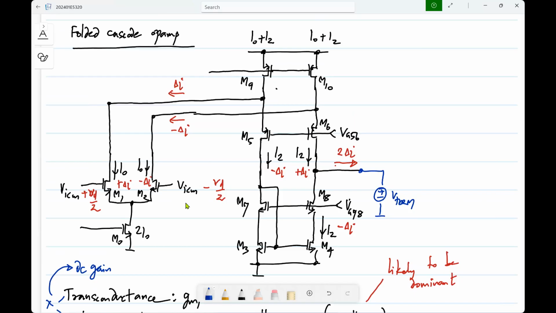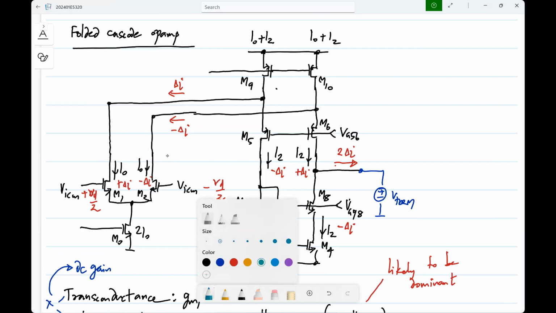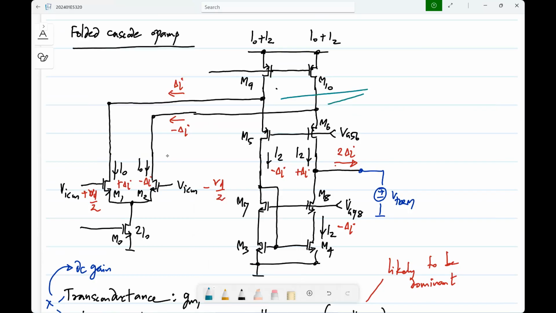What is the upper limit on VICM? What happens if you go on increasing VICM? So now these two are fixed, right? What is the operating point voltage of those two nodes?